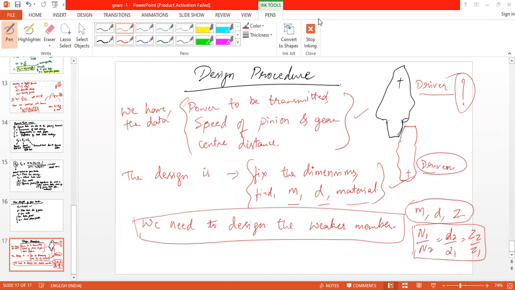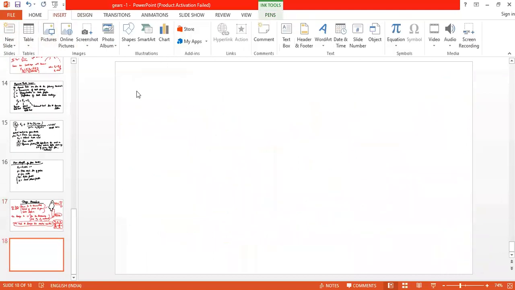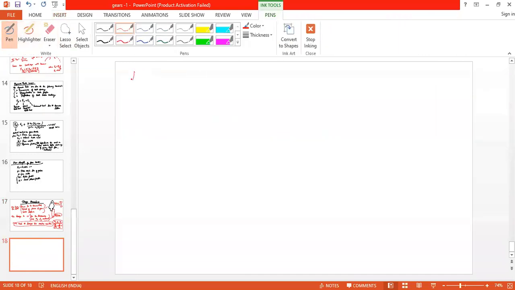So identifying the weaker member needs some data. The first step is to identify the weaker member. So how to identify the weaker member? For that, we will write a table.